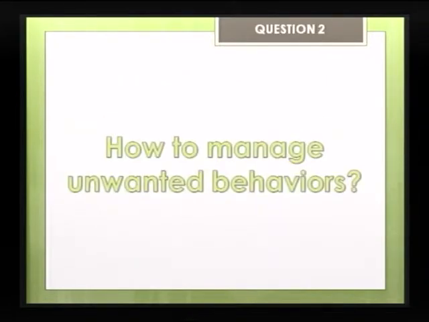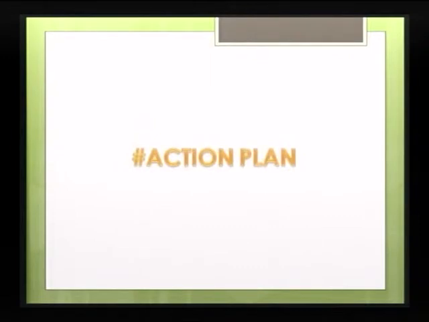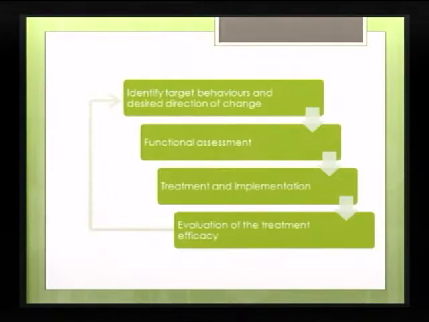So the question is how to manage unwanted behaviors at school and at home. You need an action plan. This action plan could be composed of 4 different steps. First of all, you have to identify a target behavior, or many target behaviors, and a desired direction of change.